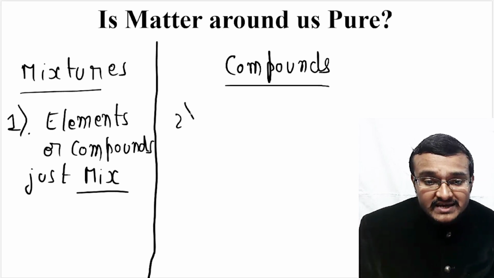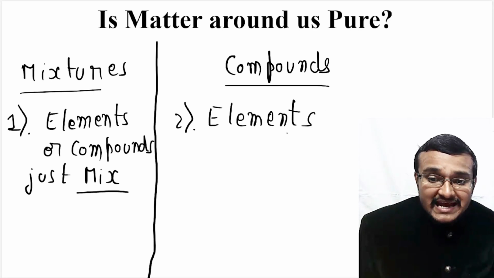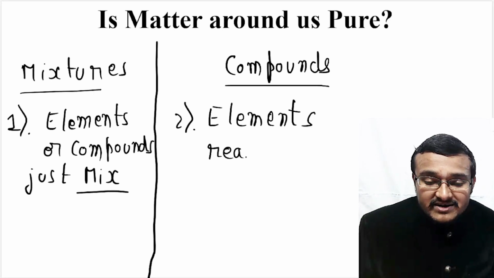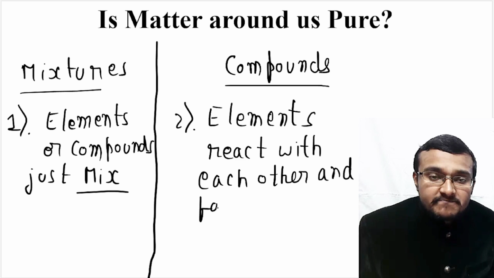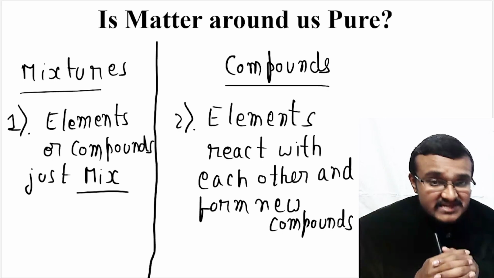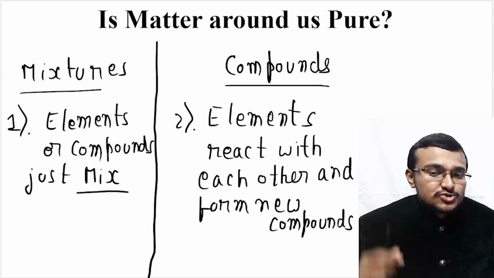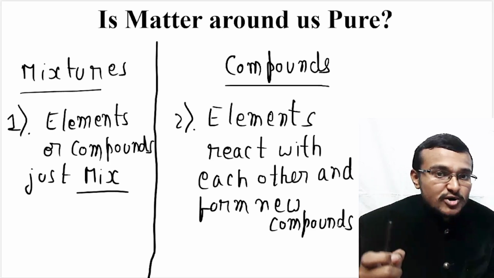But in compounds, there is a chemical reaction taking place between elements. The elements react with each other and form new compounds. So two or more elements are mixed together and react with each other, giving rise to a new compound. That's why it is known as a compound.